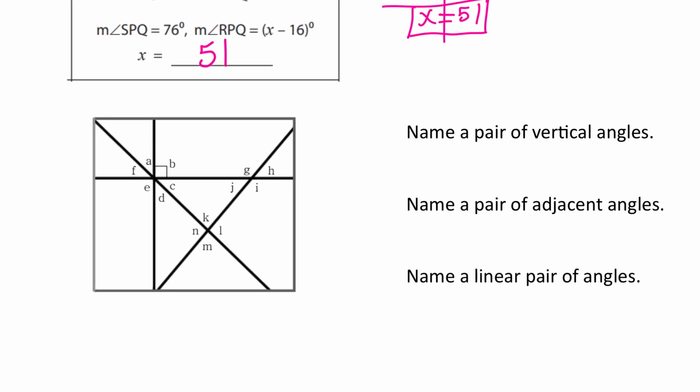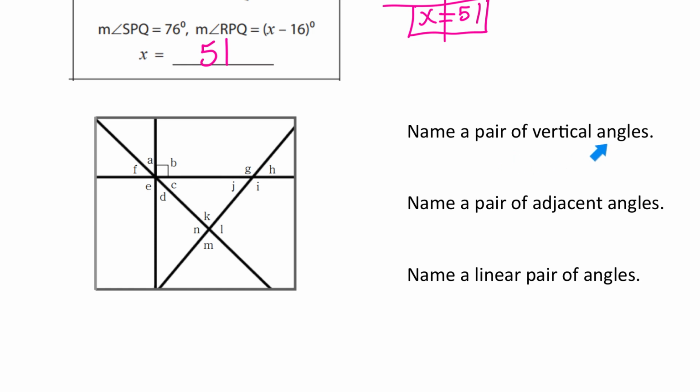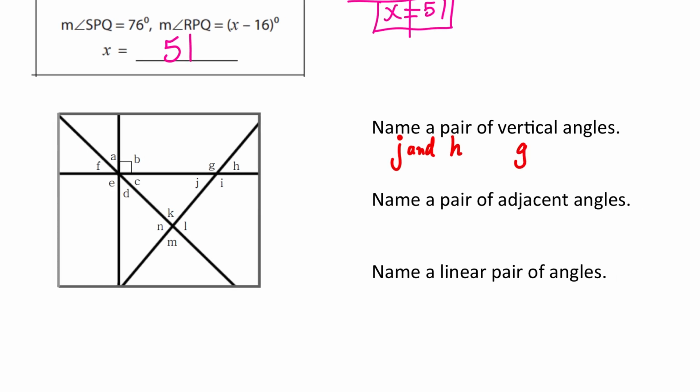Okay, and down here, we have all these different angles. First one says name a pair of vertical angles. So remember, vertical angles are across from each other where two lines intersect. So like J and H, these are vertical angles. Which, for that matter, G and I are vertical.